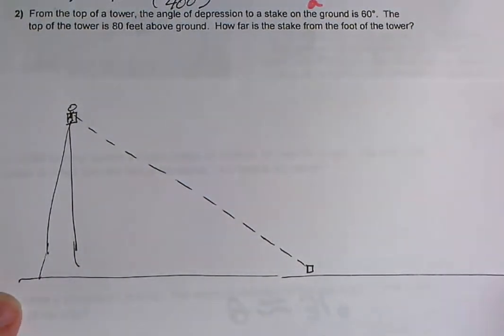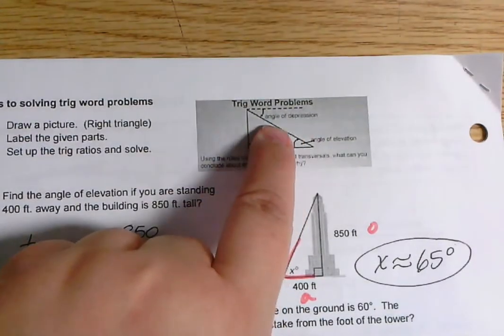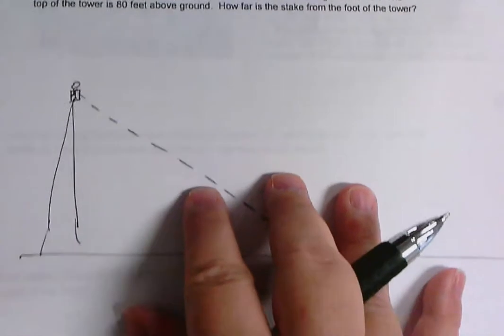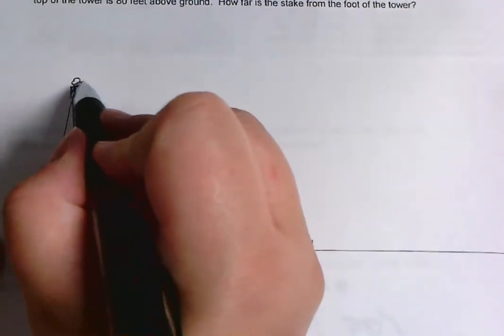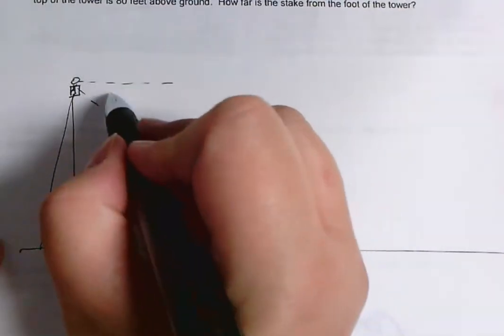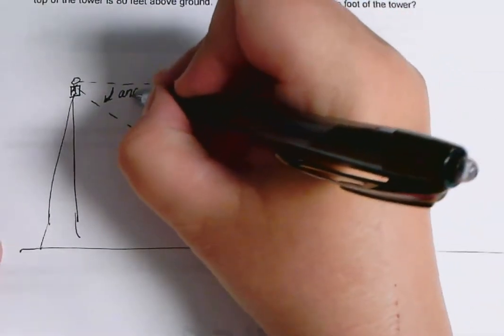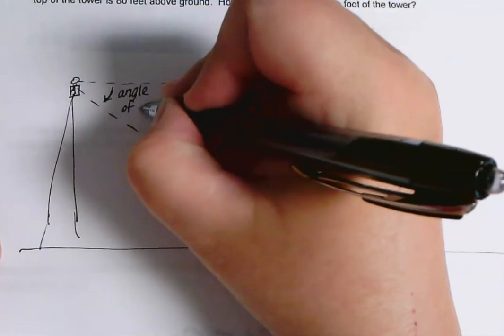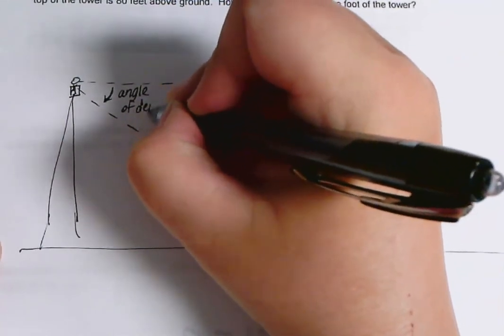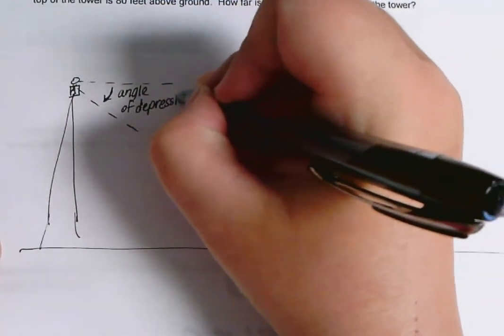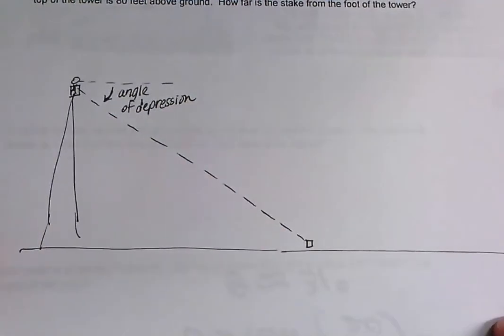Okay, when they say the angle of depression, and again, it kind of shows you in this picture what angle of depression is, angle of depression means the angle between the horizontal and my line of sight. So this is the angle of depression. But let me just point something out. This is what we always use when we're talking about angle of depression, or almost always.